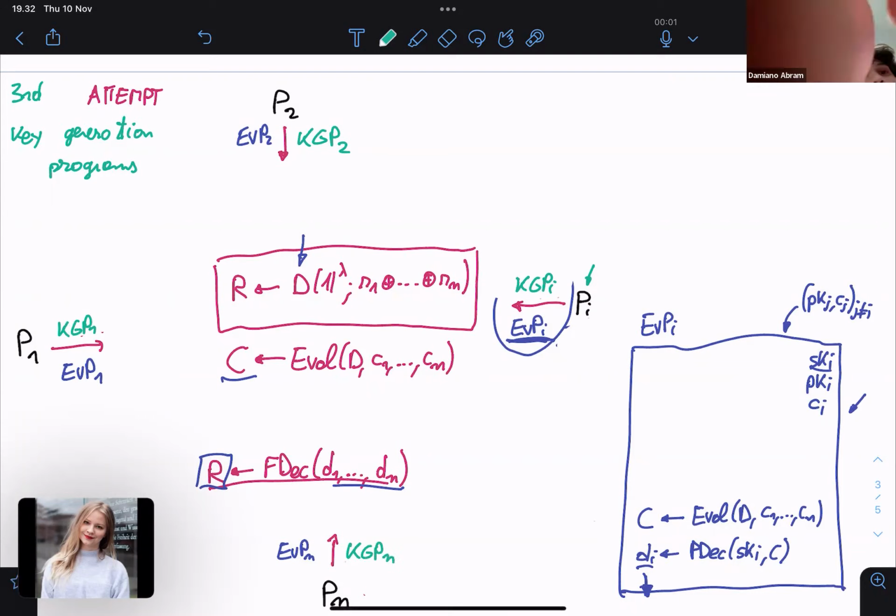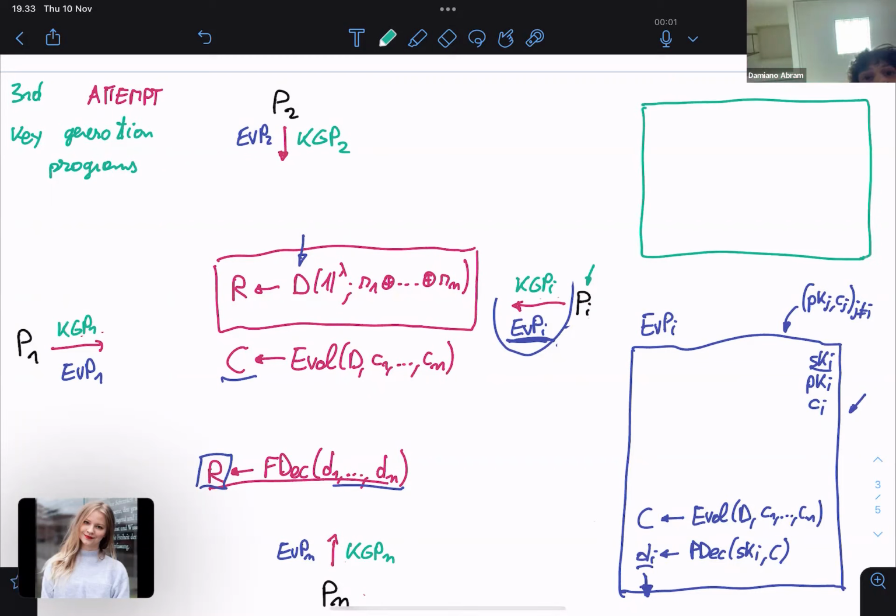So the code will be the following. KGPi will have a puncturable PRF key Ki hard-coded, and it will take as input the key generation programs of all the other parties. Actually, here there is an issue, but for the moment we ignore it.